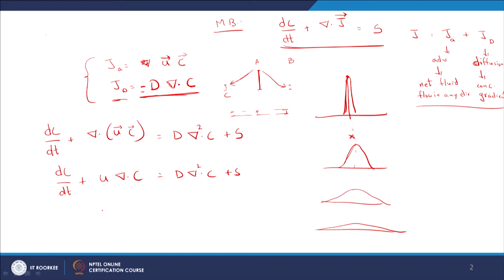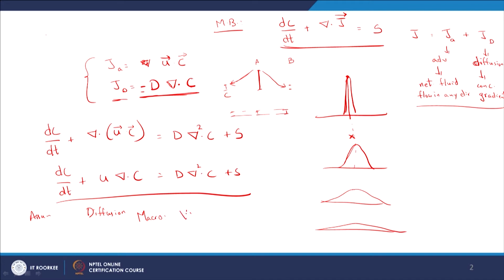And in the same manner we end up simplifying this equation, assuming there is no diffusion, and then simplifying it further at a macroscopic level. What do we have?